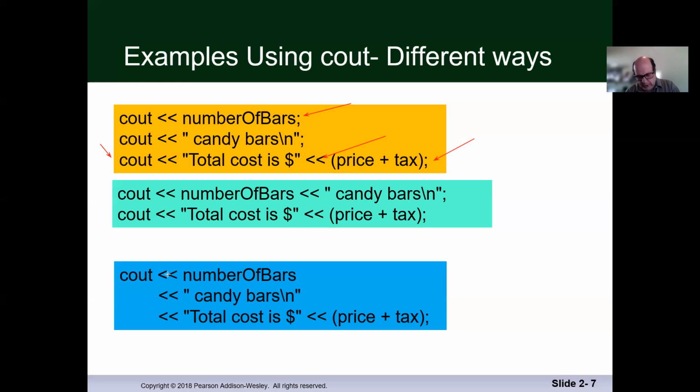I'm putting these insertion operators, but I don't have any semicolon. So the semicolon is right here. I'm lining this up, so it's just going to be easier to see. And then the last one would have a semicolon. So all these three ways are the same thing. You choose the way you're comfortable with, and you do it that way.